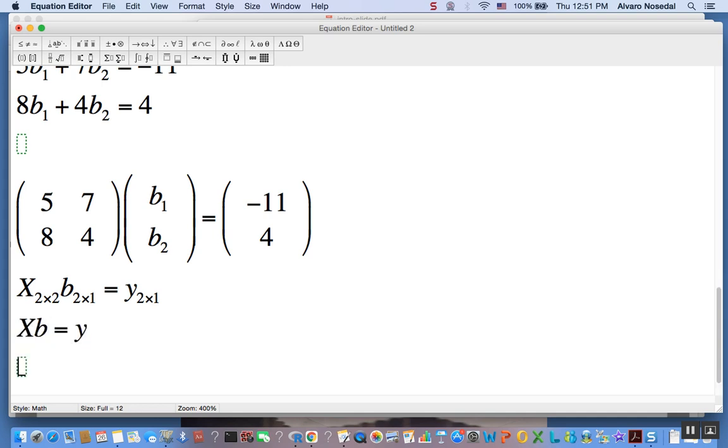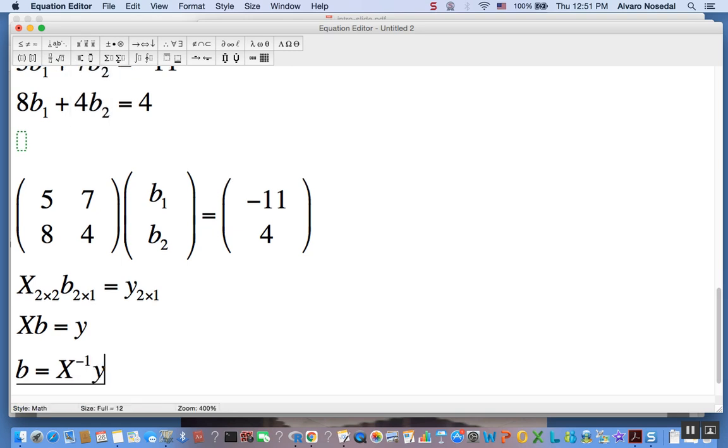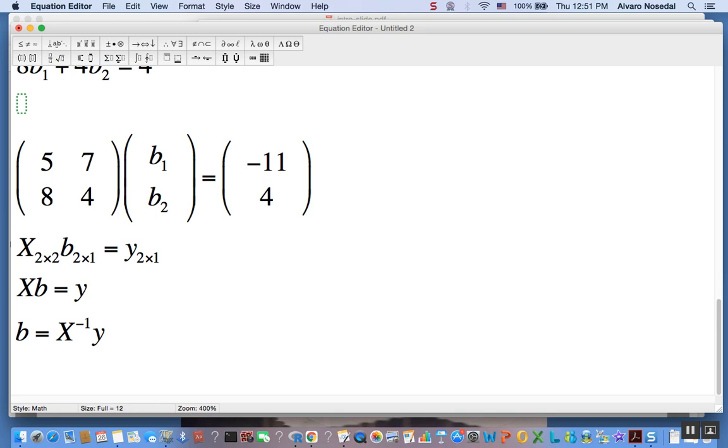Okay. Anyway, once we set it up like that, you go, oh, right. So just pre-multiply by the inverse of X, and there you are. That's all you need. That's going to be your solution: X inverse times y, and you're done.